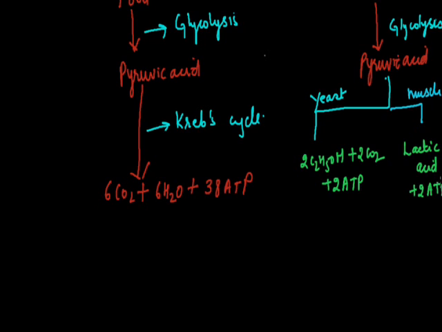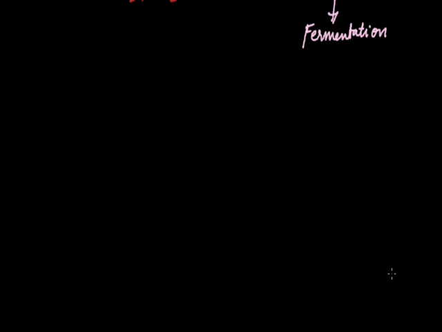Now, the process which is used for the preparation of alcoholic beverages in the presence of yeast in absence of oxygen is called fermentation. This process is utilized in the preparation of alcohol.